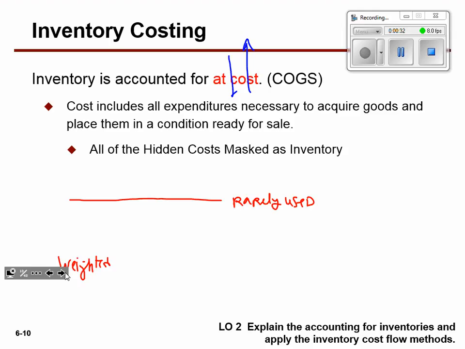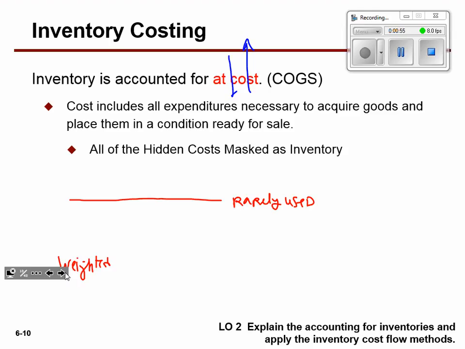If I'm Target selling TVs all year long, likely the price has gone up as I buy new batches of TVs. So when it's time to sell the TVs, which cost are we going to apply to COGS? In other words, what we bought them for way last January, mid-year, end of year, December.